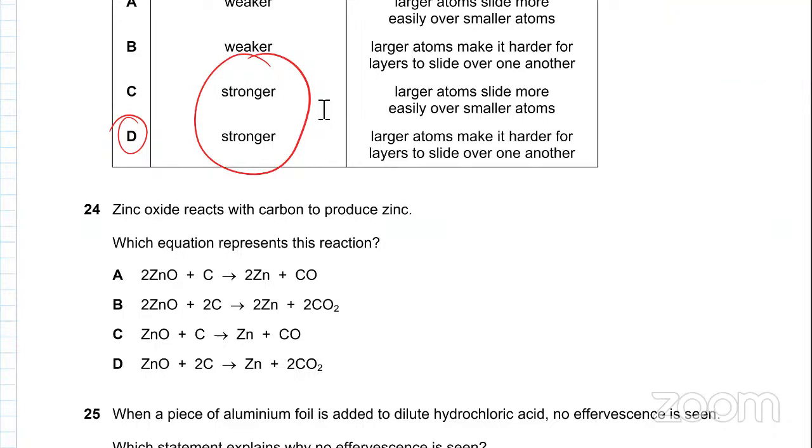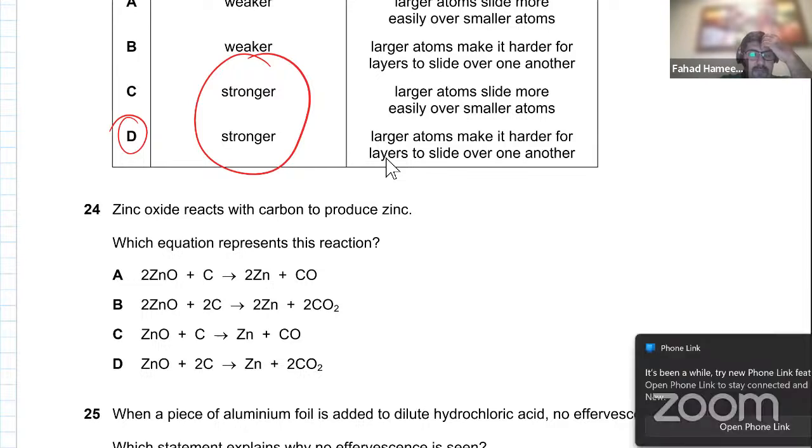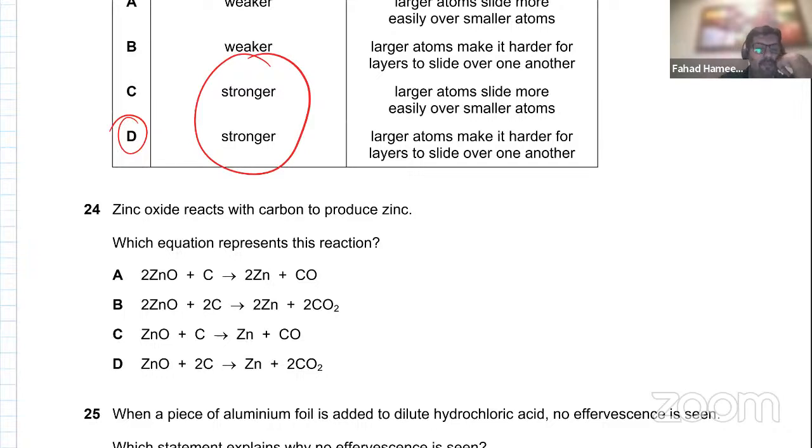Is it C? Yeah, C. Or D? Actually, all of them could be correct, because both carbon monoxide and carbon dioxide can be produced.